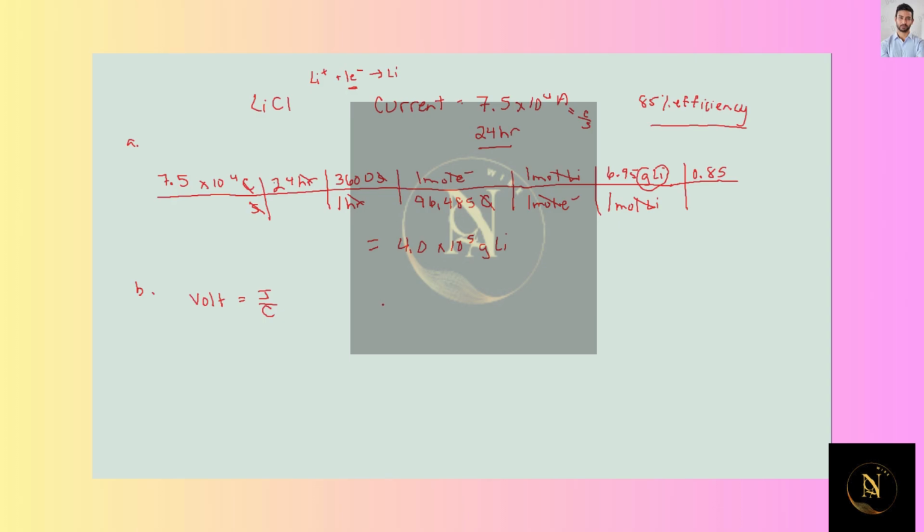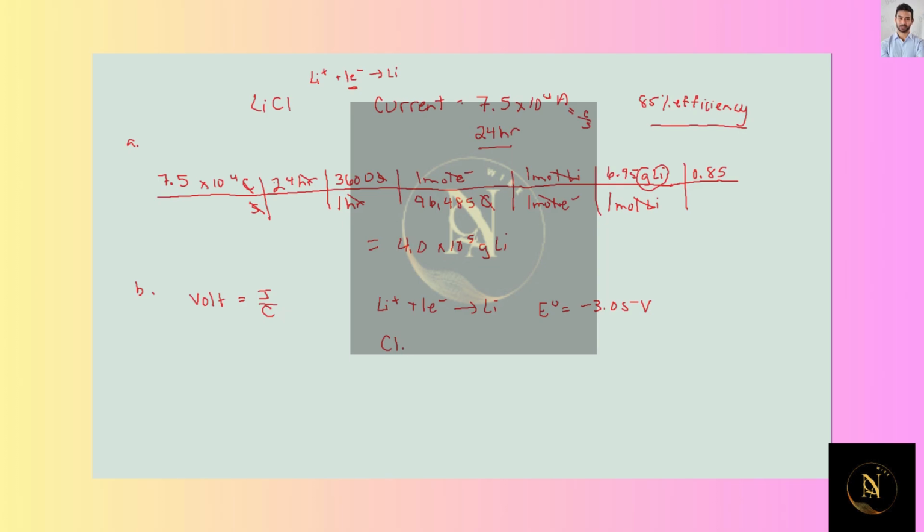But I'm going to be taking a look at the cell EMF here. I know that lithium ion plus an electron goes to lithium. If you look that up in table E, appendix E, you're going to find that has an E naught of negative 3.05 volts. And so that would be my reduction reaction.